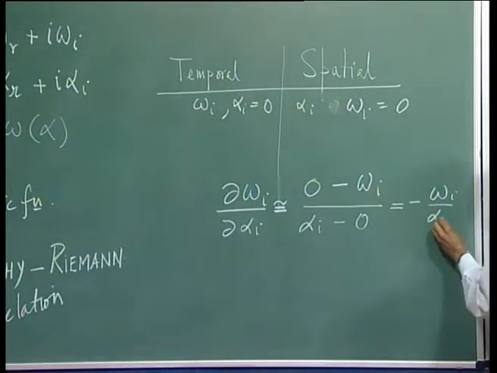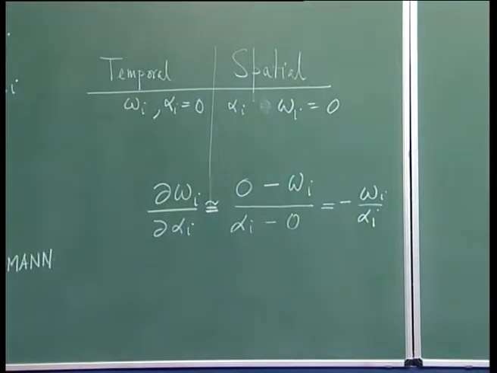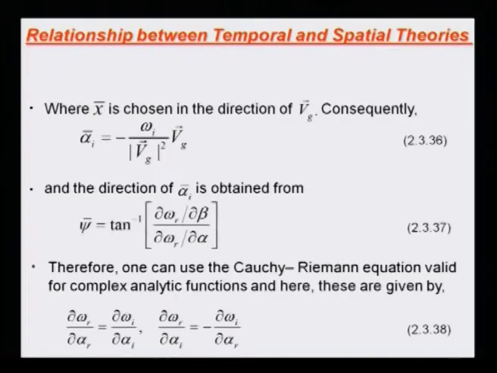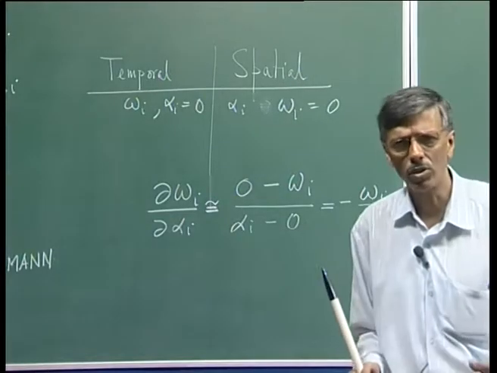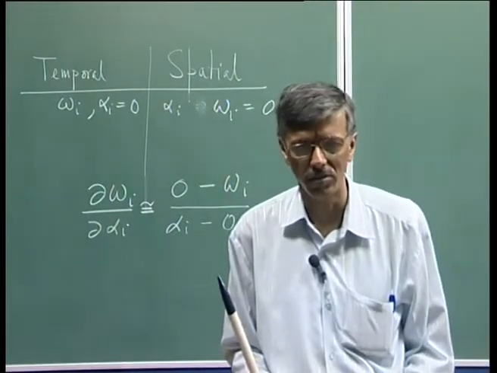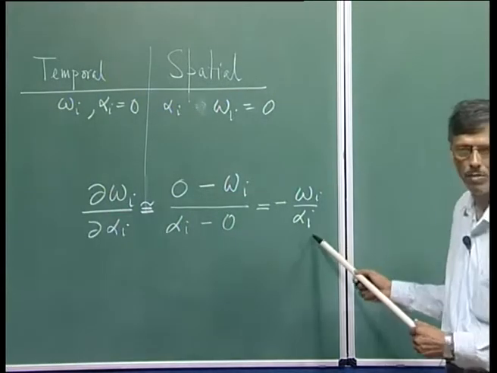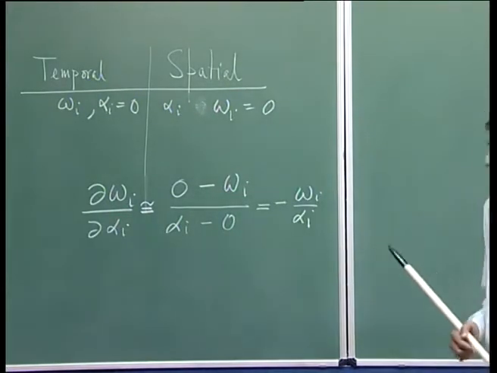Well, of course, this is an approximation for the derivative, but that is okay. This we can live with, because we are dealing with linear theory. So, the growth rates in space or in time are going to be small quantities. So, I can afford to take this kind of a first order approach in defining that.